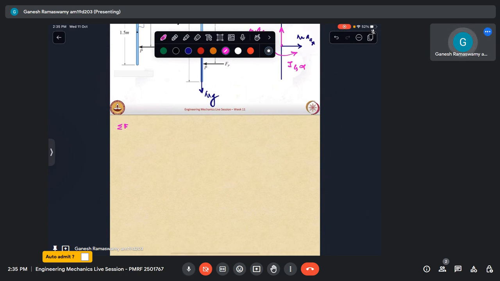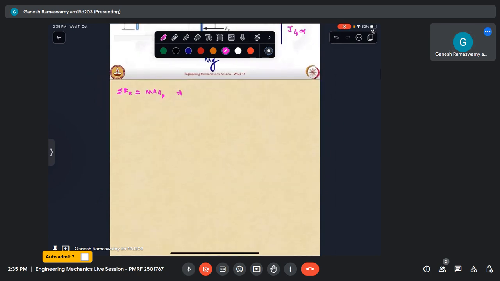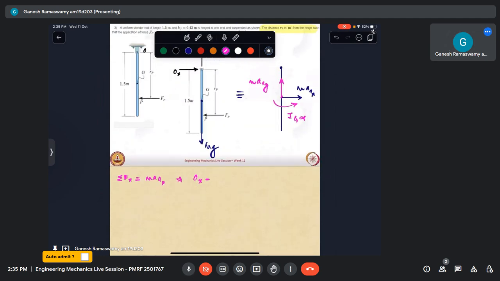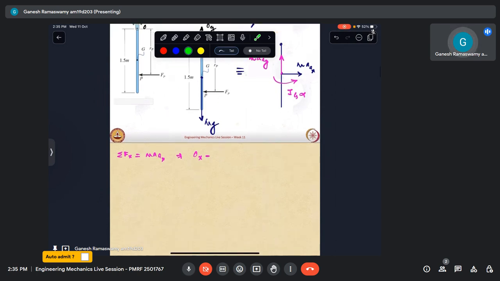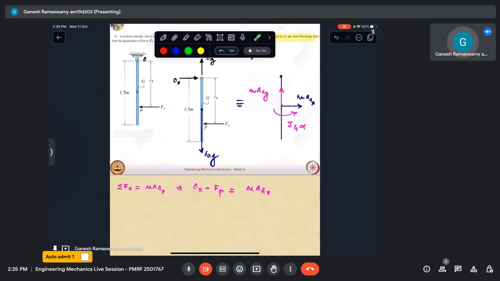Essentially, if I were to add up forces along x, that will lead to m ag x. So this gives me OX minus Fp. These are the only two forces in the x direction. So OX minus Fp gives me m ag x. Now, by virtue of this being in fixed axis rotation, I know what ag is.